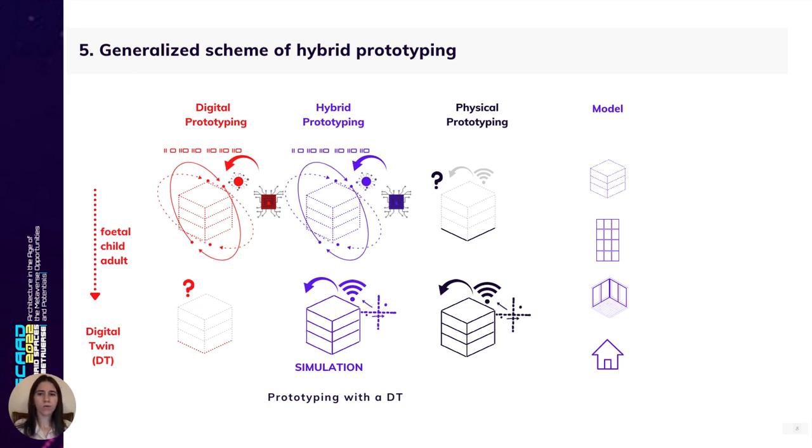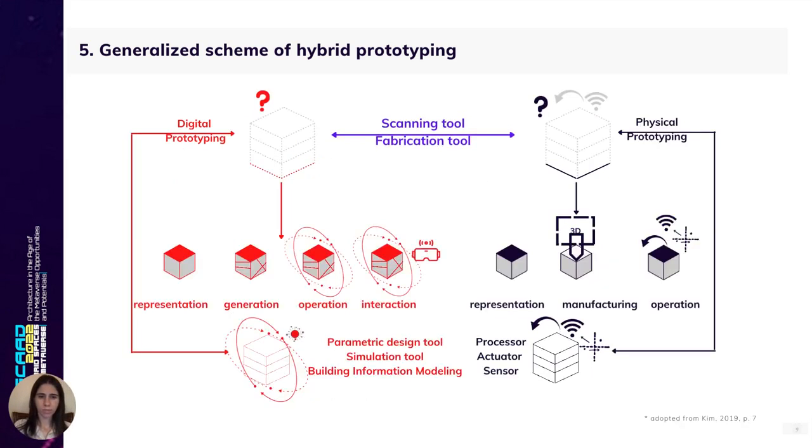We see the progressive stages in the design processes related to fetal, child, and adult digital twin, both of them combined in hybrid prototyping. Here we also see the figure for hybrid prototyping, a generalized idea of it.